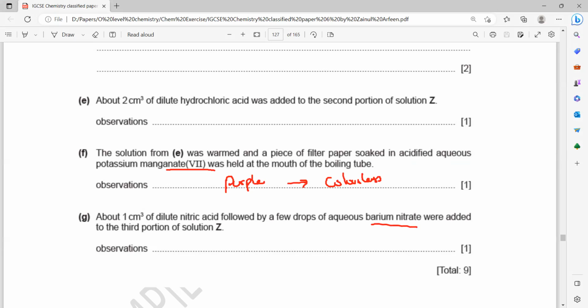Which one are you talking about? G. Remember one thing: sulfate and sulfite both have the tendency to give a white PPT with barium nitrate.